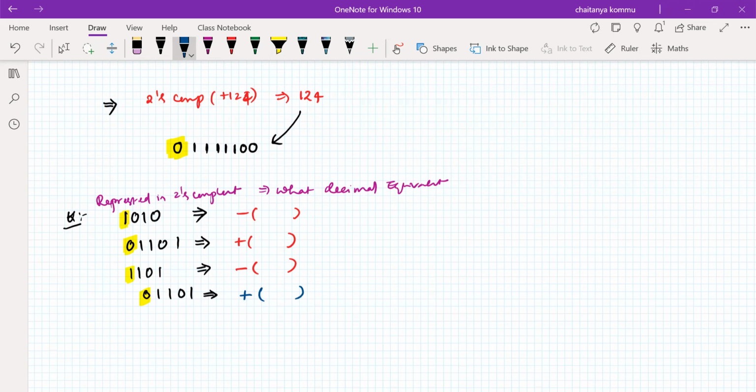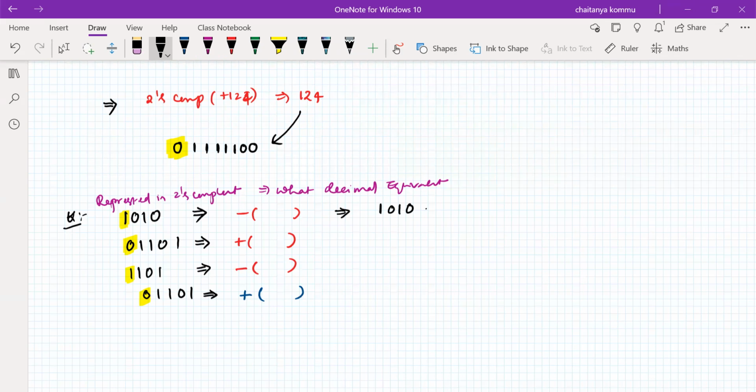Now, how do we get the magnitude value? Take the 2's complement of that number. 1010 is already in 2's complement, but we want the magnitude value.